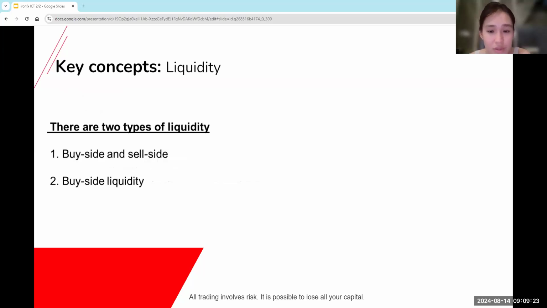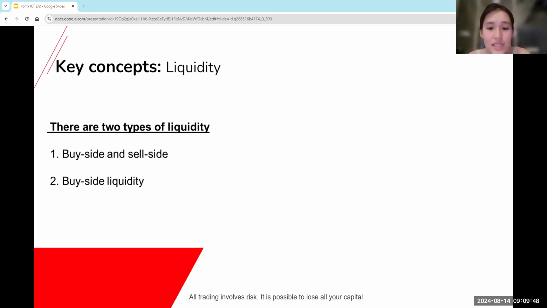Okay, starting off with liquidity. There are two types of liquidity, the buy side and the sell side. Please ignore the second line. Buy side liquidity basically represents the level on the chart where short sellers will have their stops positioned. Sell side liquidity will obviously just be the opposite of that.